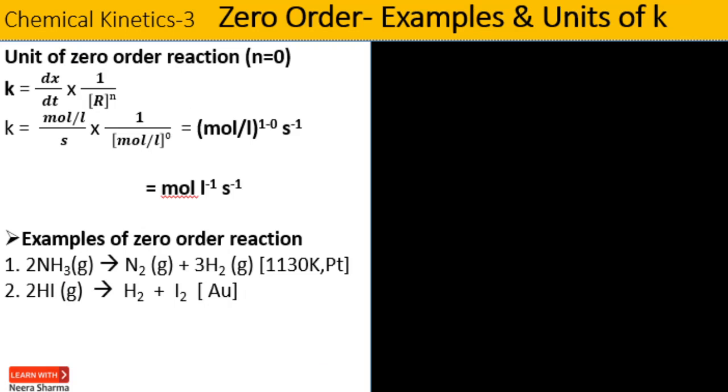Now if we have to calculate the unit of K, we have K is equal to dx by dt into 1 by r to the power n. So for a zero order reaction, we get the unit of K as mole per liter per second. And these are the two examples of a zero order reaction.